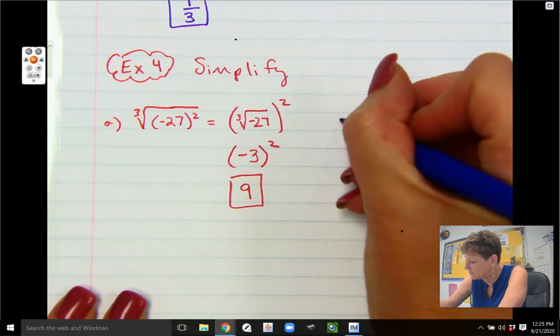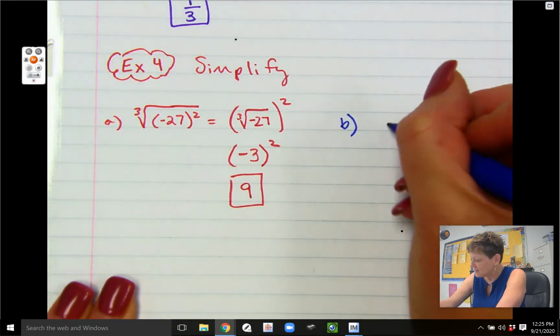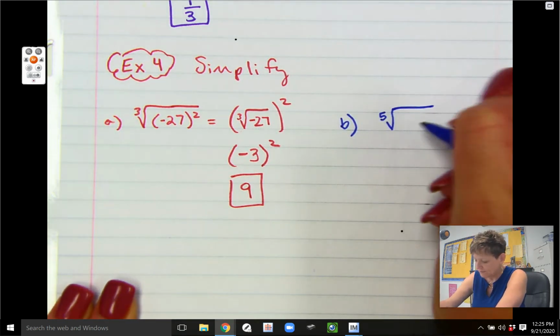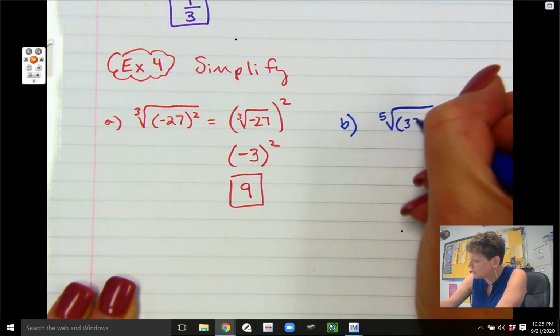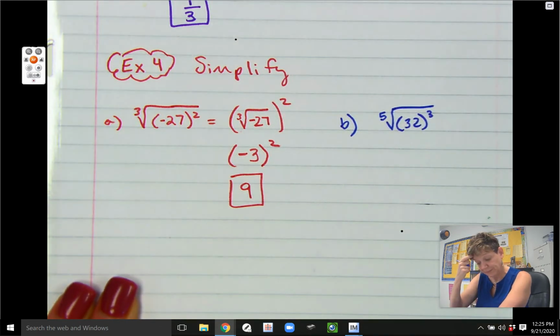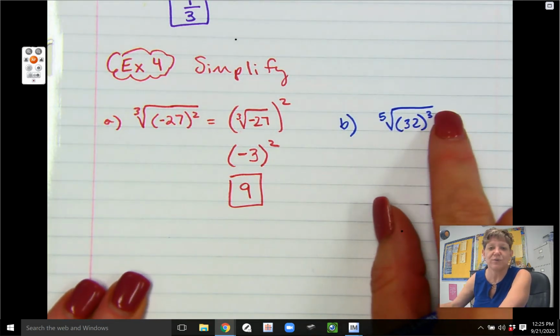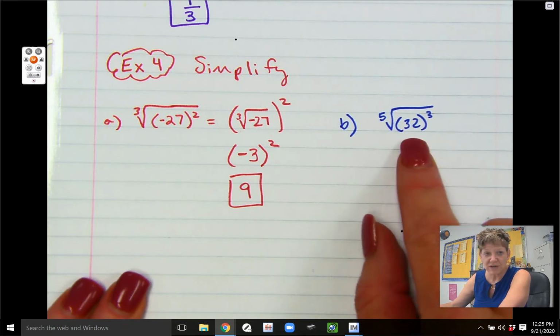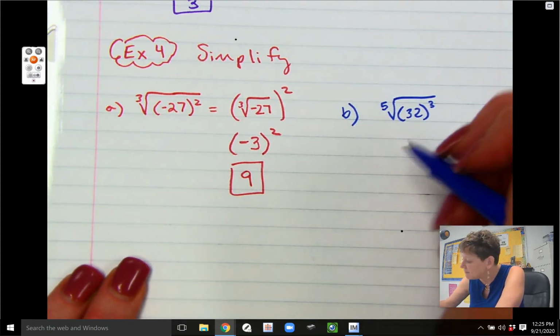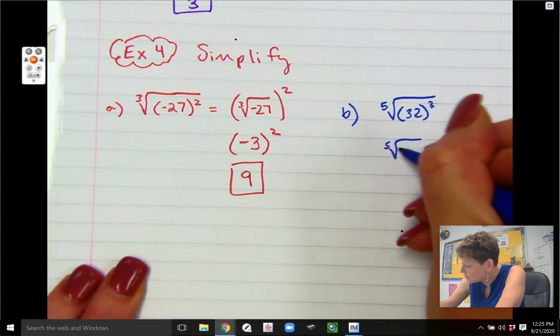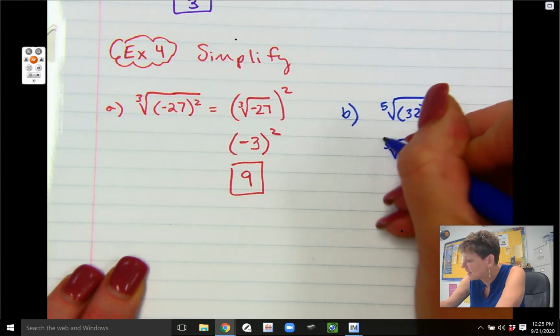Let's do B. B has the 5th root of 32 cubed. Again, off the top of my head, I do not know what 32 cubed is. So I am going to do this by taking the 5th root of 32 and then cubing that.